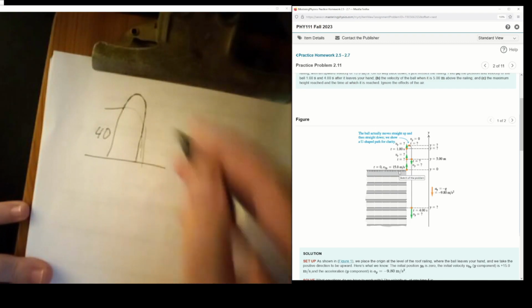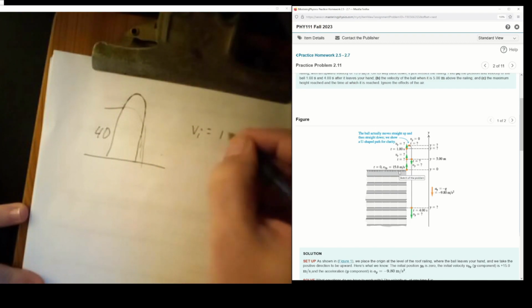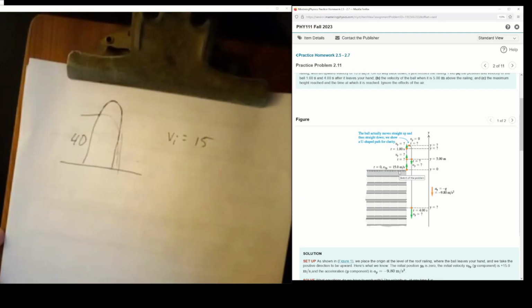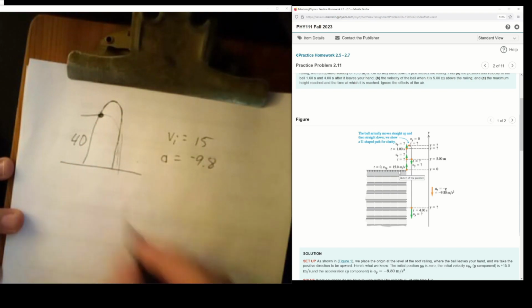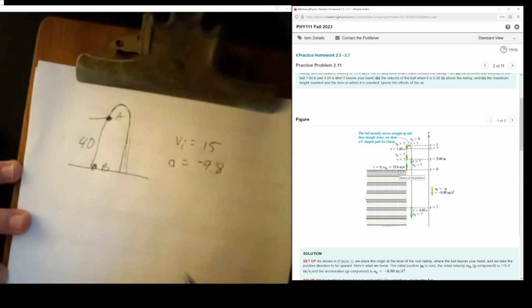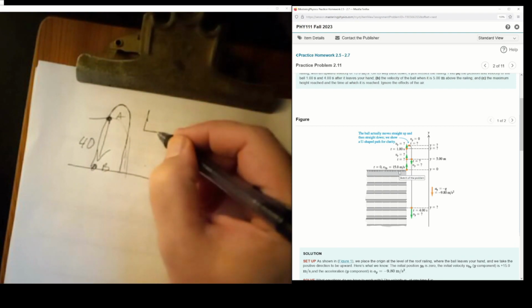So we're going to have this type of trajectory going straight up, coming down. An initial velocity, 15 meters per second. It's in free fall, so acceleration due to gravity minus 9.8. The ball's going to start here, and it's going to end down here. So it's going to go from A to B. The displacement then is just that, from A to B, straight down. And because we're going to use a standard coordinate system, this is negative.